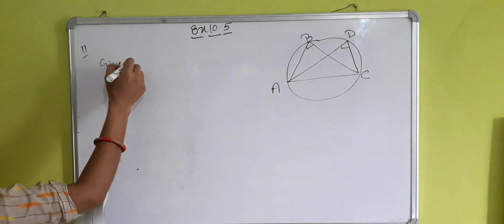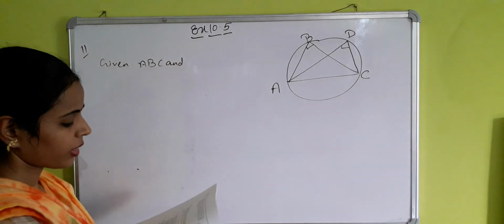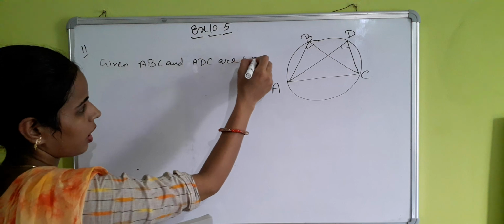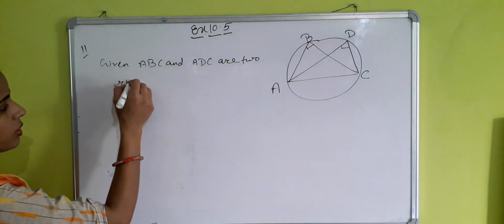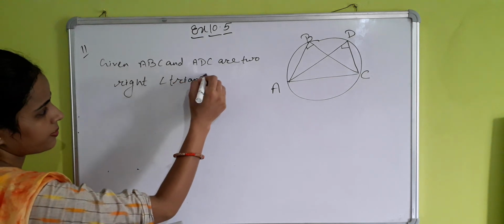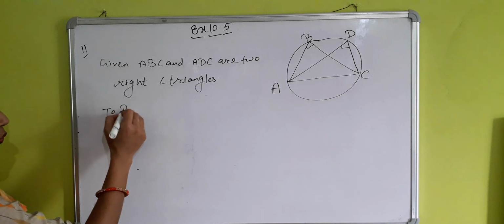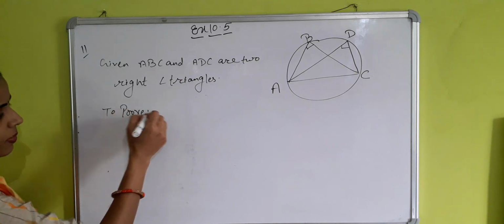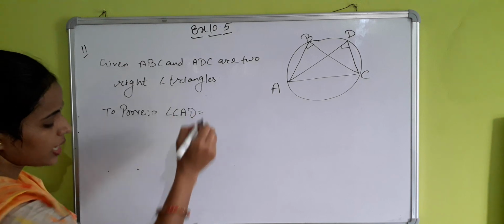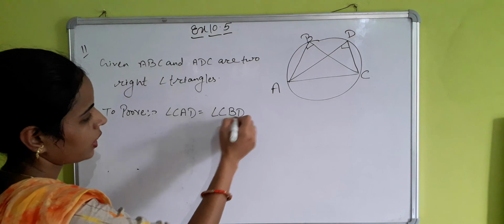Given ABC and ADC are two right angle triangles. You have to prove that angle CAD is equal to angle CBD.